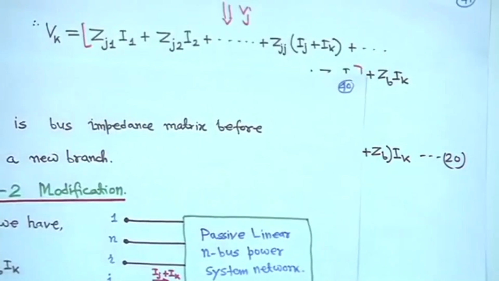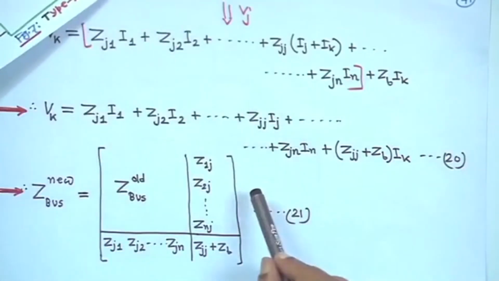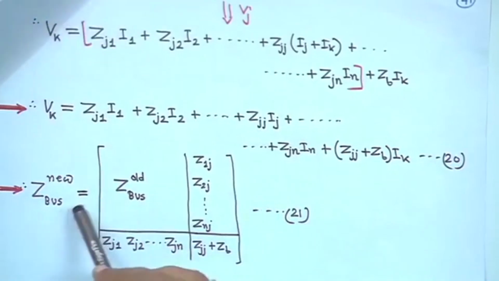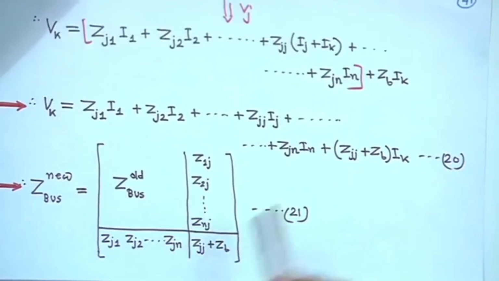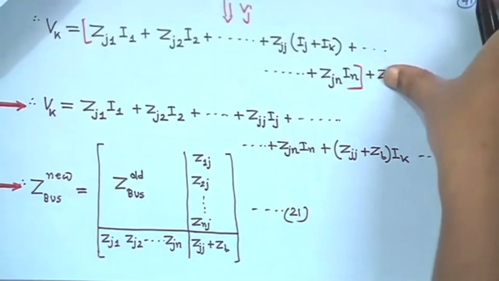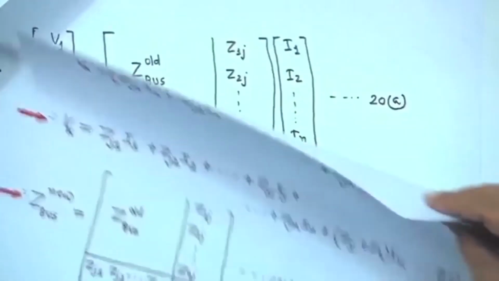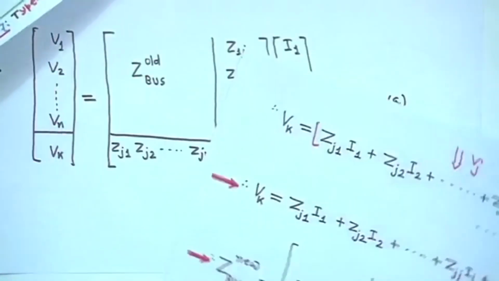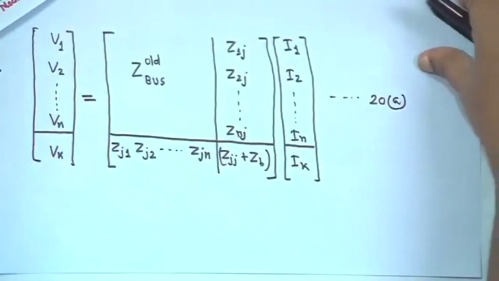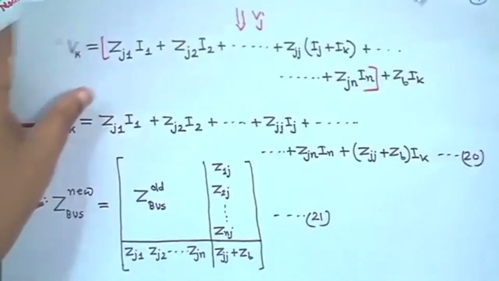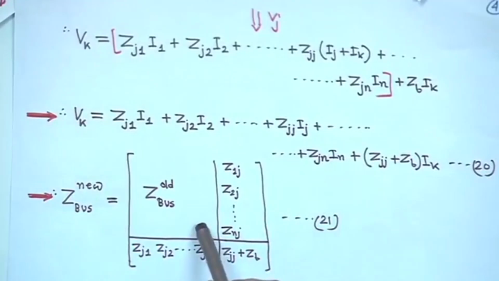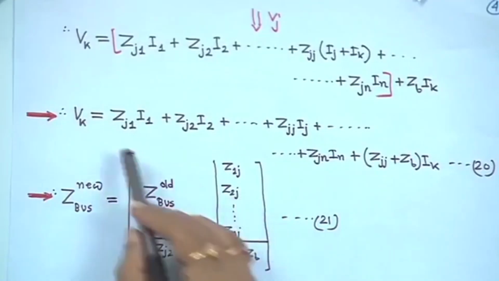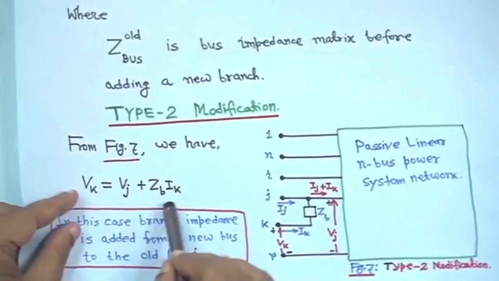Just hold on. This is your Z bus new, Z bus old. So, only from this equation, the Vkth equation will be added, and then you simplify.